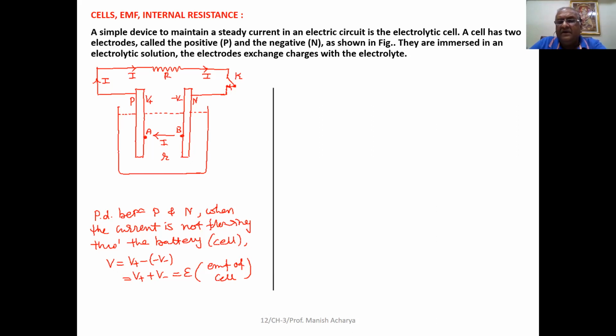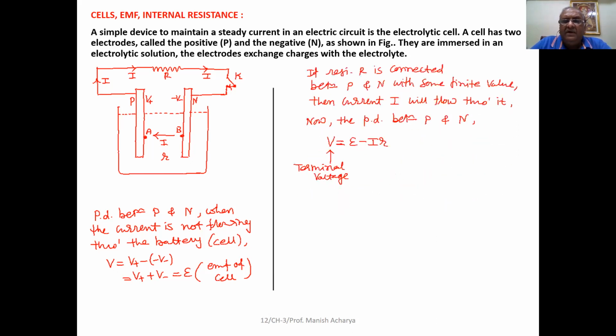But if resistance R is connected between these two electrodes in the outer circuit, and if the current I is flowing through this resistor, in that particular case, we can say the same current I is also flowing through the electrolytic cell.